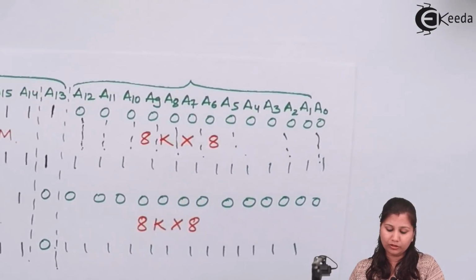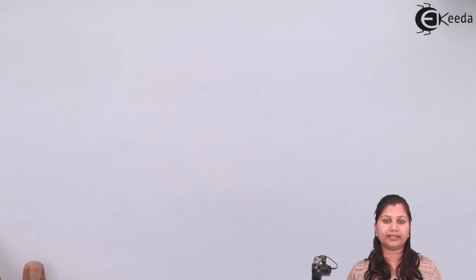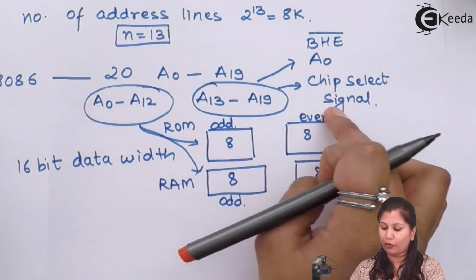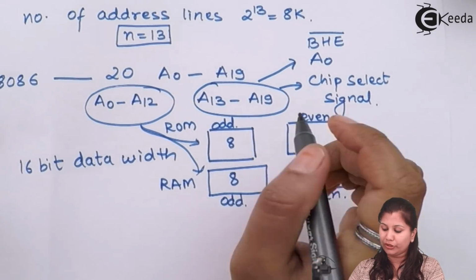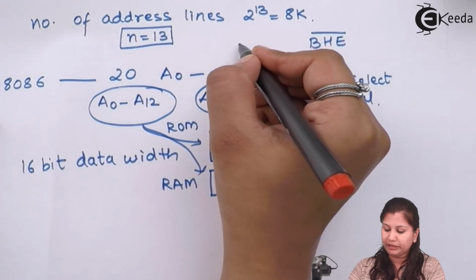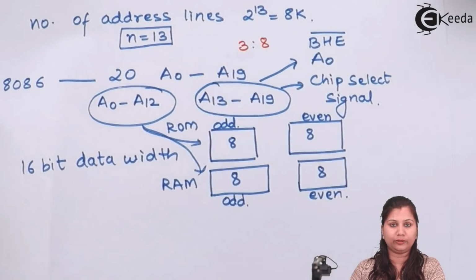Now we are going to draw the interfacing circuit, to see how we will interface these 4 memory chips with the microprocessor. We have to use the remaining address lines plus the bus high enable signal and A0 to form the chip select signal. So here we will use a 3:8 decoder.